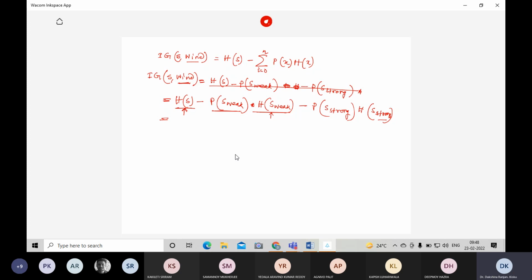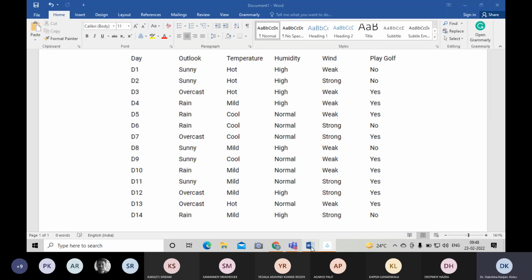Now here we need to consider the other attributes or features like outlook, temperature, and humidity.